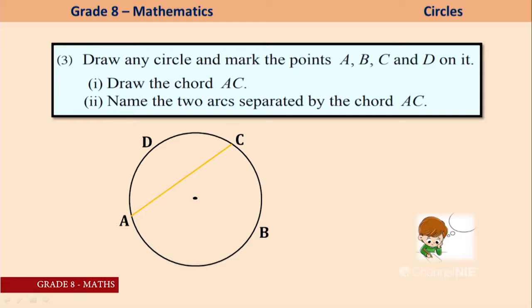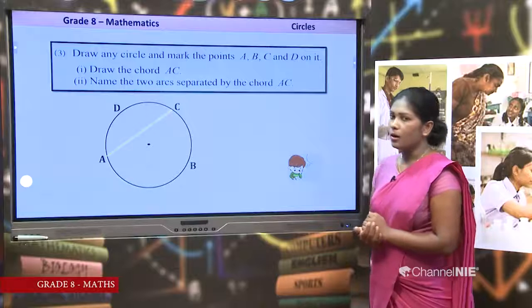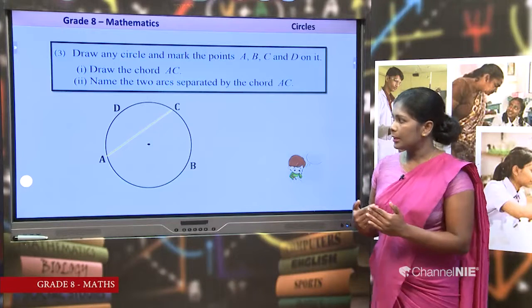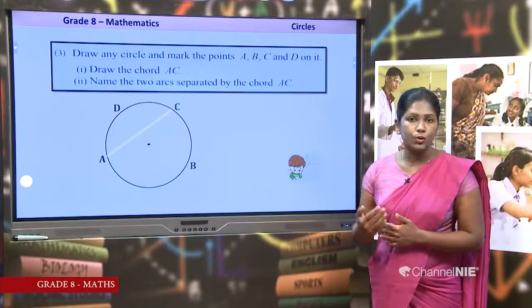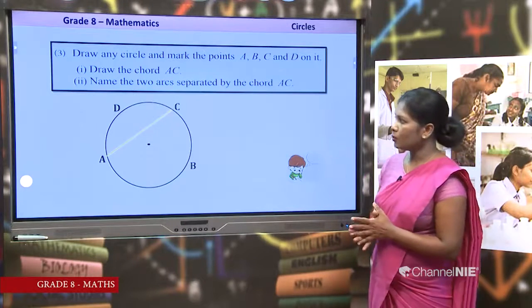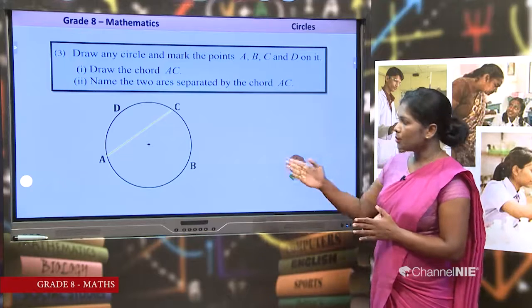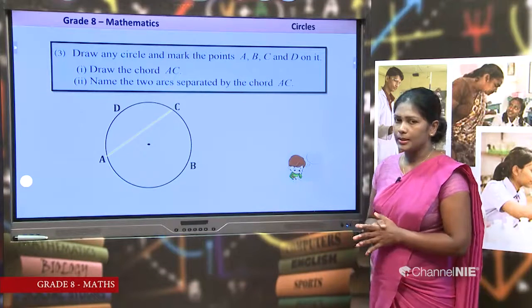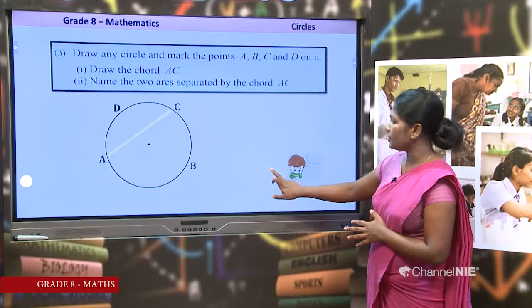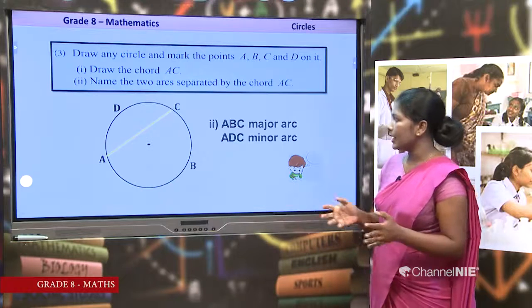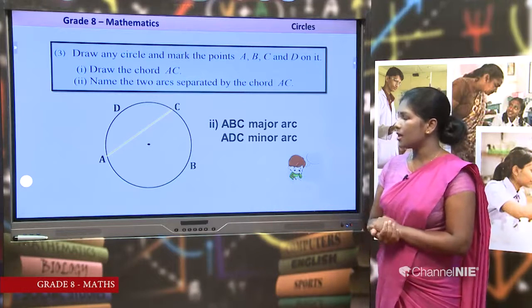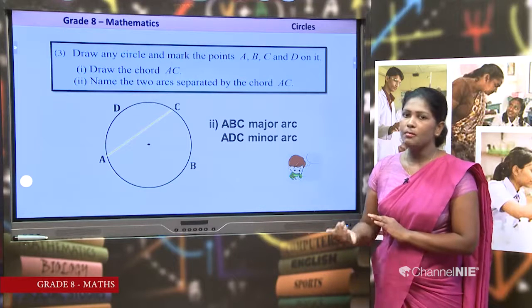Name the two arcs separated by the chord AC. AC chord separated this curved line into two parts. So, what are they? Now you know ADC is the smallest one. Then you can write ABC major arc, ADC minor arc.